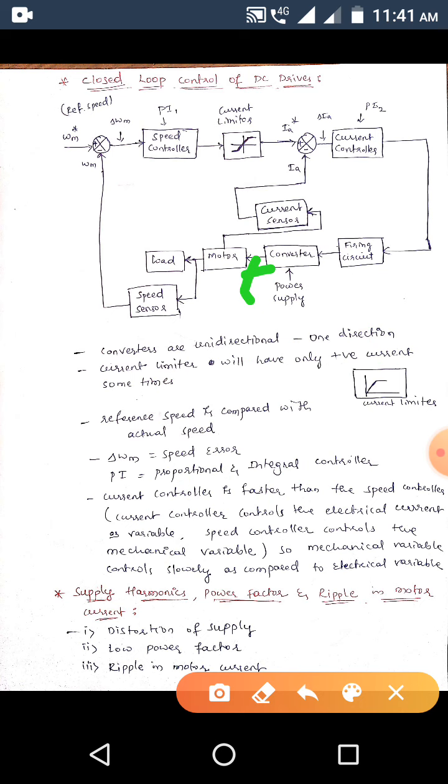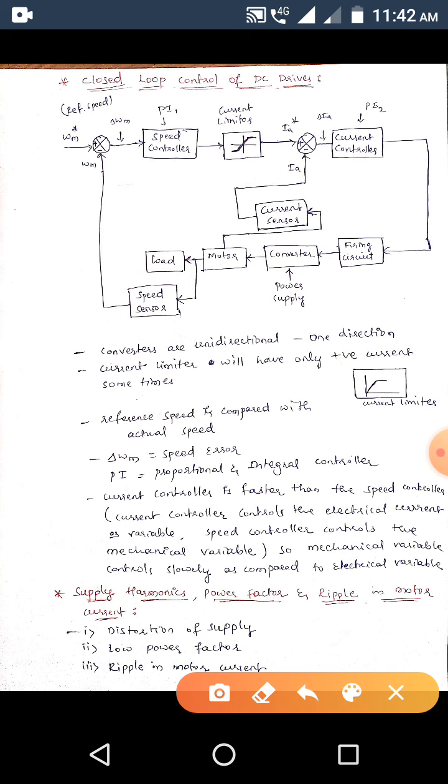We have the motor for controlling some mechanical load, right? Because ultimately we are controlling the mechanical load through all these factors. For the chopper we have some DC supply voltage.